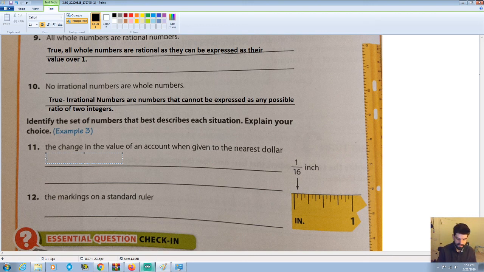That means there are no cents involved, so these are whole numbers. But since these are possible changes in the value of an account, accounts can be deposited or withdrawn, which means they have both positive and negative aspects. So because of that, we're going to say that these are integers and whole numbers.